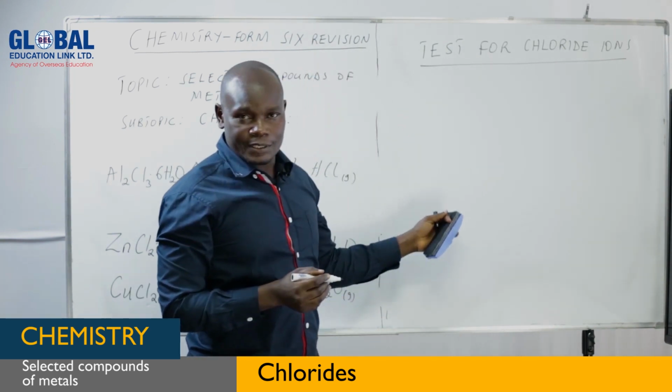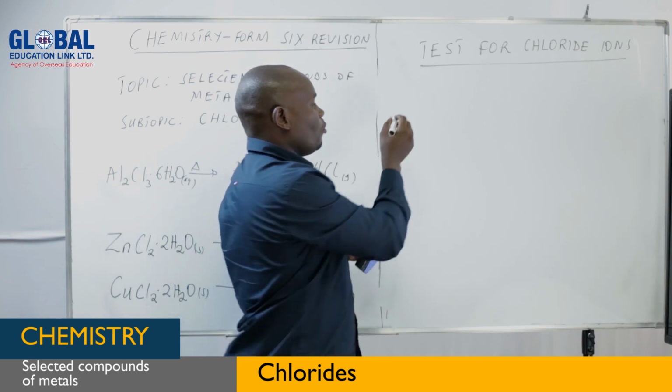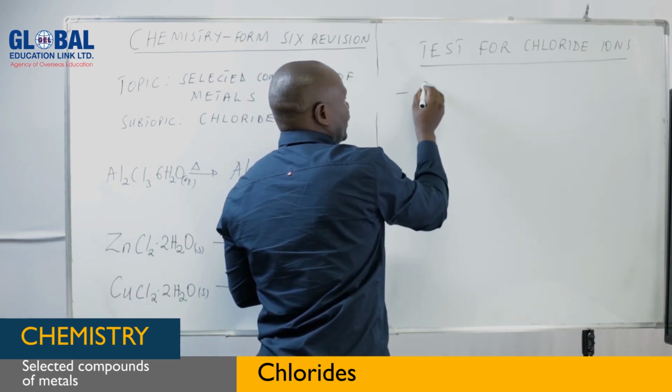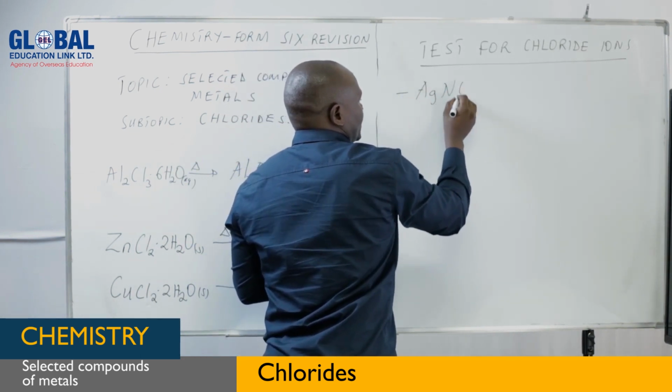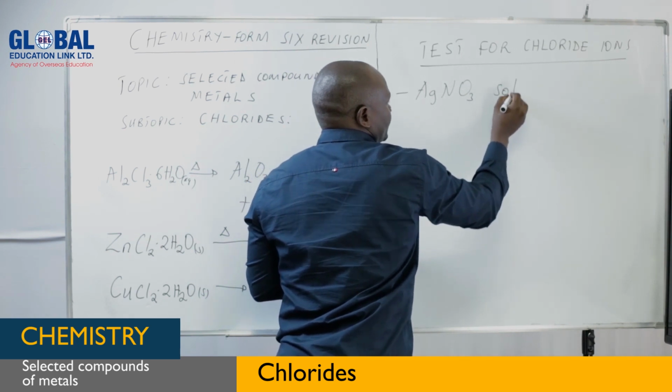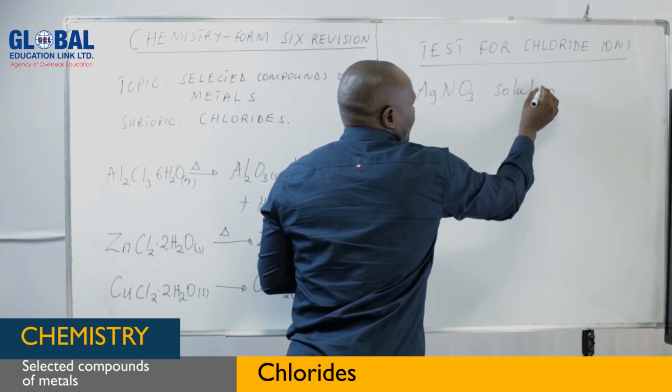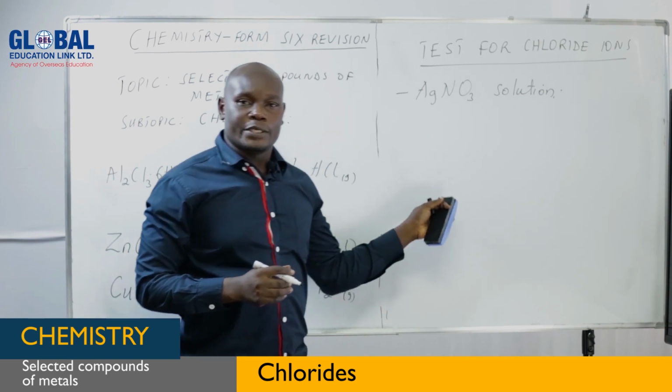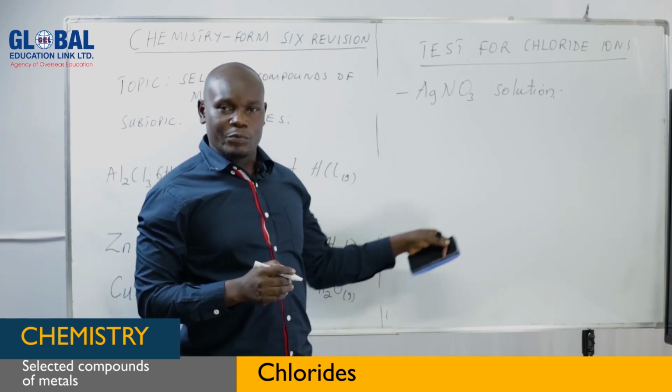Do you remember qualitative analysis? Here we use silver nitrate. Silver nitrate solution is used to test for the presence of chloride ions in compounds.